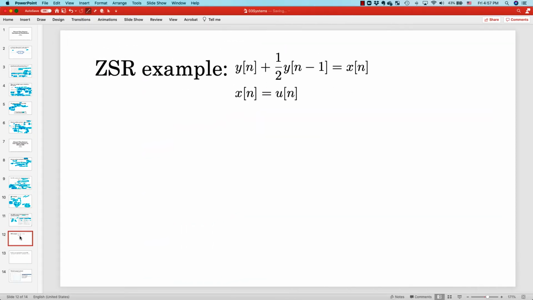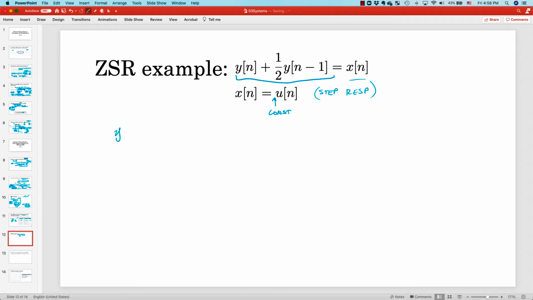Let's see an example of this. So we have the system with the same homogeneous part as before, and now we're forcing it with just x of n, and I'm going to let x of n be the step. So we're looking for the step response of this system. So in the table, we see that this looks like a constant for positive time.